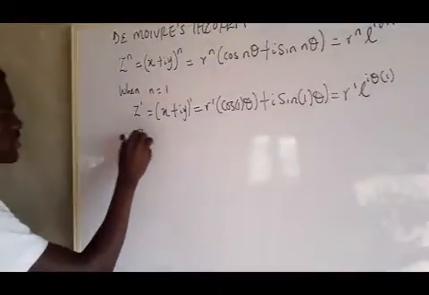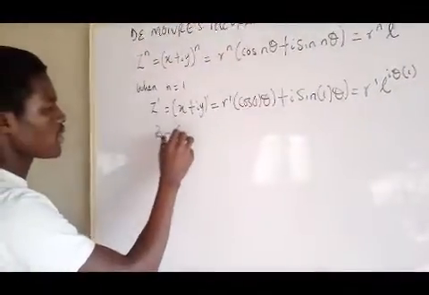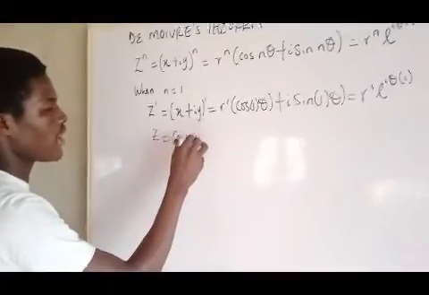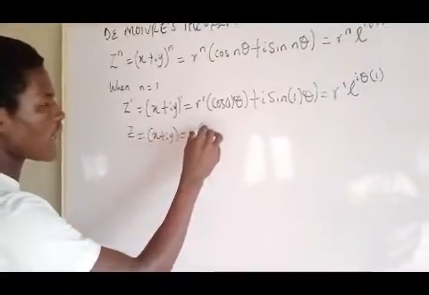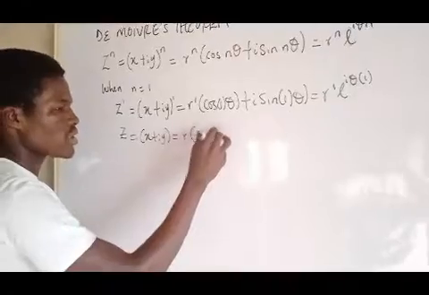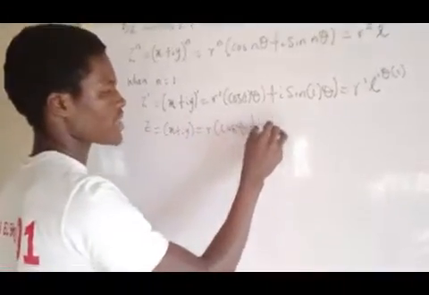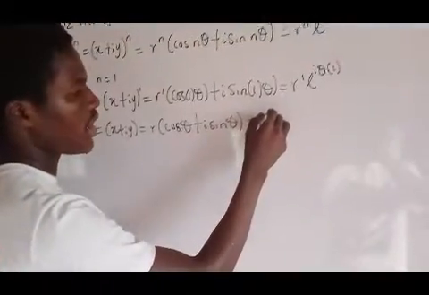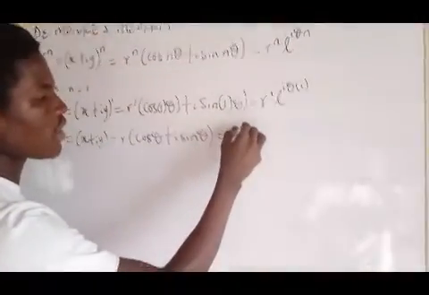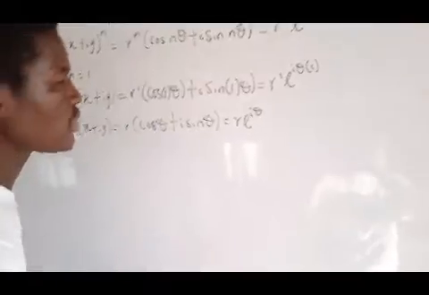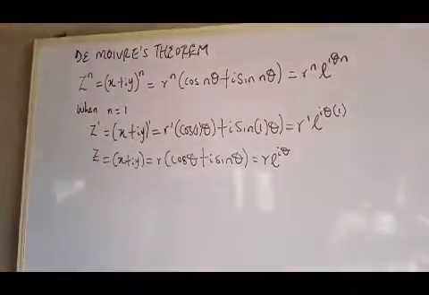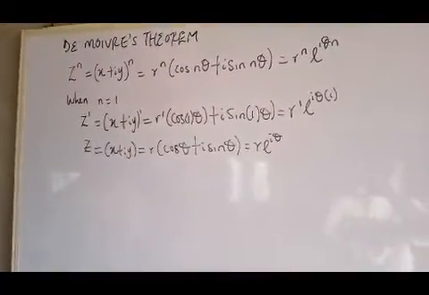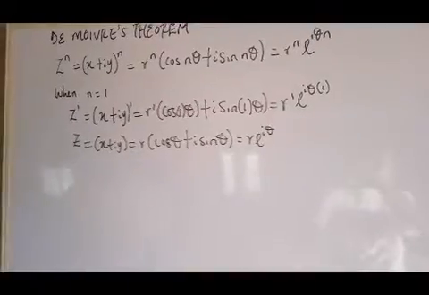So this will give us z equals x + iy equals r(cos θ + i sin θ) equals r e^(iθ). So this is what we are going to have when we solve for when our n equals 1.